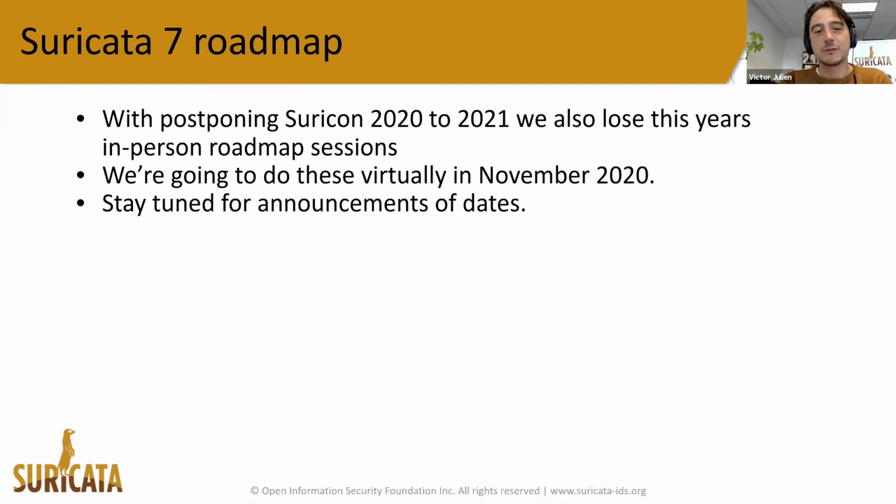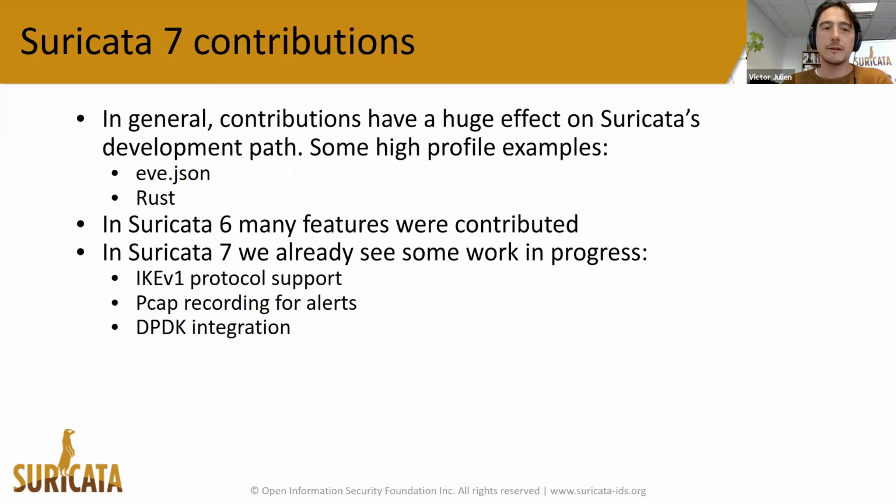And we're still currently trying to iron out the details on how we will do this, how we will make it interactive, and so it will probably be a mix of some Zoom calls and some chat, but we'll announce it very, very soon. I think after the weekend is the plan.